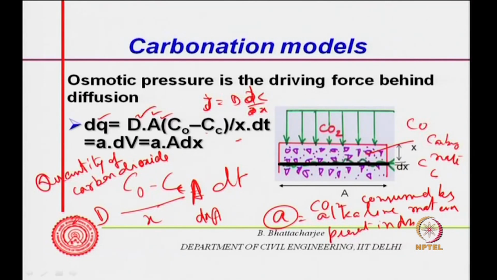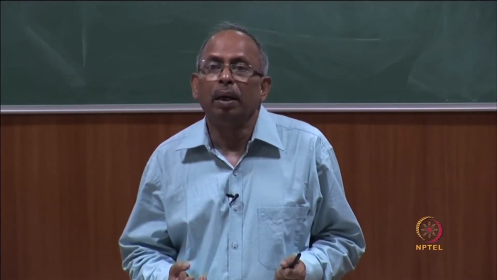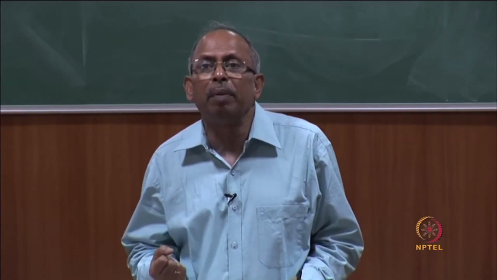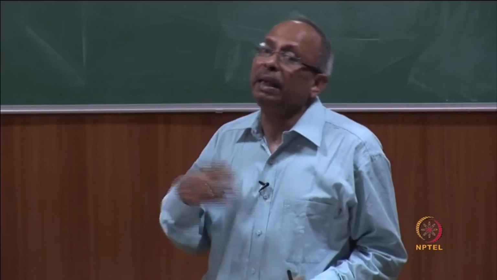So, A into dV, that is A into a dx, this must be equal to dq. So, dq is the quantity that comes in dt time, and it is all consumed. So, the alkaline material present multiplied by the stoichiometric factor will give you the carbon dioxide that can be consumed.